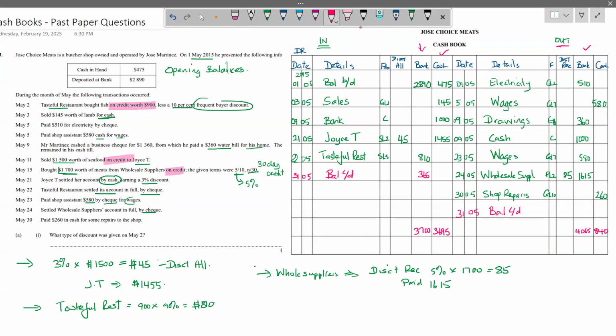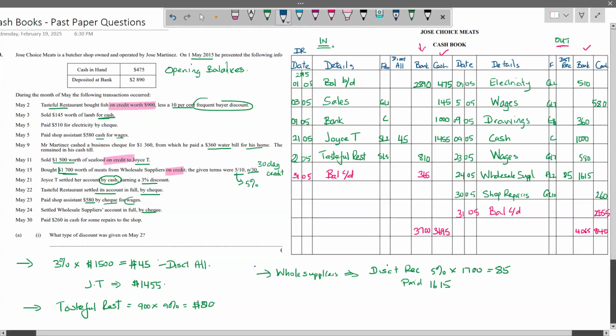So my figure for the cash column is going to be the difference between 3,695 and 840. So 3,695 minus 840, I'm going to get 2,855. We could now balance the accounts, right?